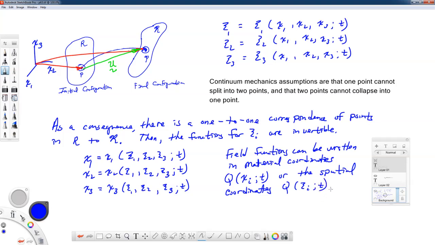Okay, so you'll see that from time to time written down, either material or spatial coordinates. And to me, it's not as important that you remember which one is the material and which one is the spatial coordinates, but just the understanding that we can write any of our field functions in terms of either the initial or the final configuration.